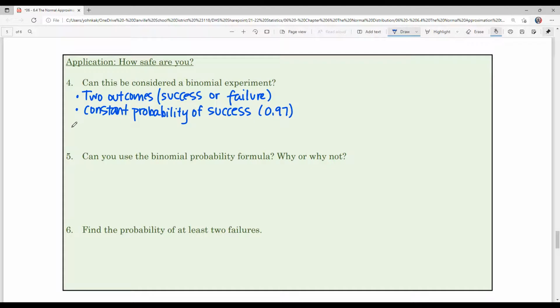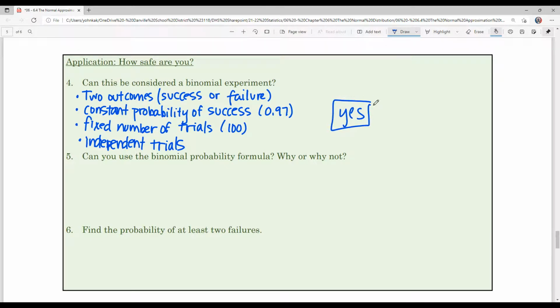We also have to have a fixed number of trials, which we do. It's 100. And then we also have to have independent trials. And each safety hook is independent of another safety hook. So we have independent trials. So we meet all 4 of the conditions. So yes, we can consider it a binomial experiment.